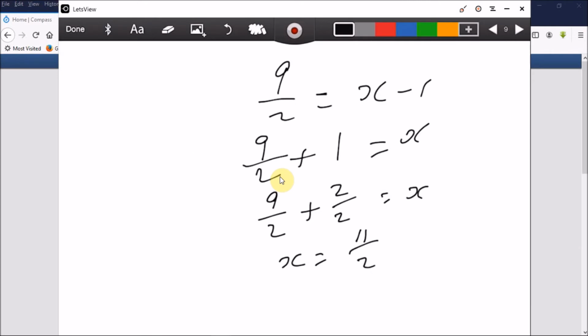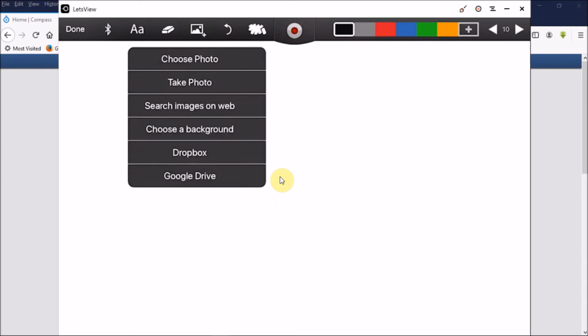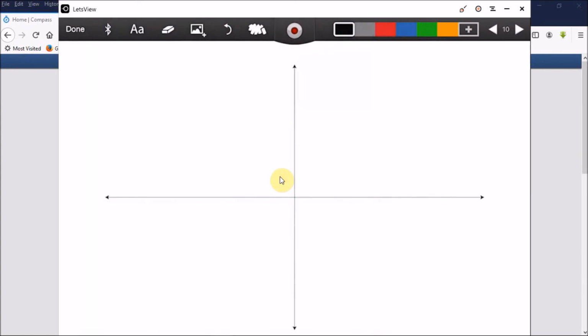All right. So let us go. And I'll put up that axis there. All right, so let's have a look. Here's our x, here's our y.